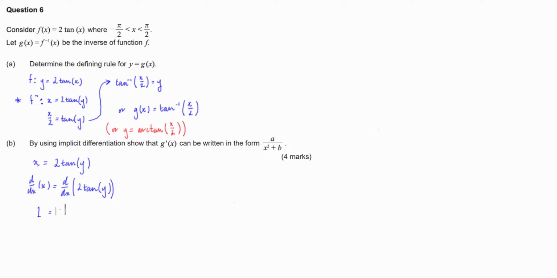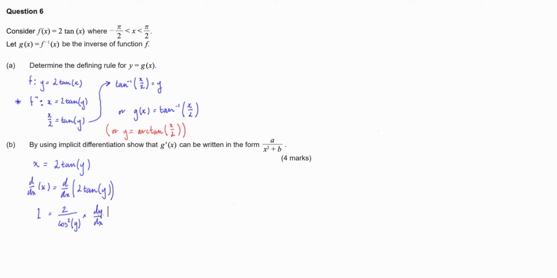So the derivative of tan is 1 over cos squared, or sec squared. So let's just call it 1 over cos squared. So this is going to be 2 over cos squared y multiplied by, using the chain rule, the derivative of y with respect to x.